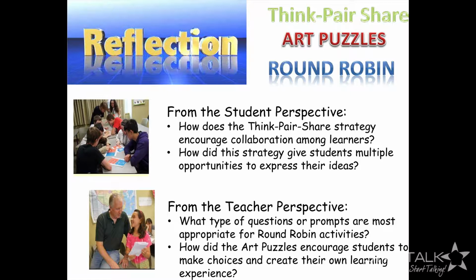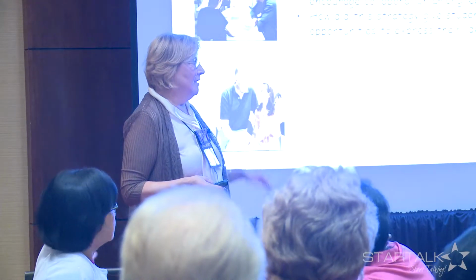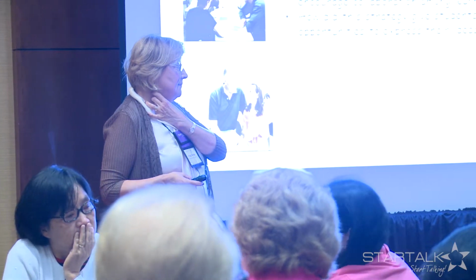And how did this strategy give students multiple opportunities to express their ideas? So just at your table, lean in and share what your thoughts are about this from the student perspective. And you have room on your handout if you want to jot down some ideas. Okay, you might want to grab your handout.